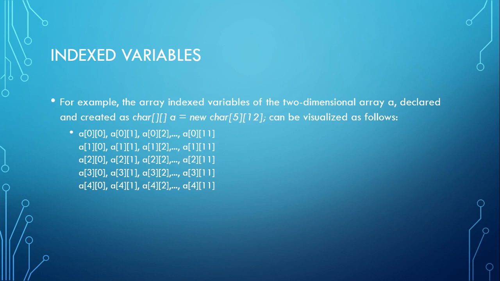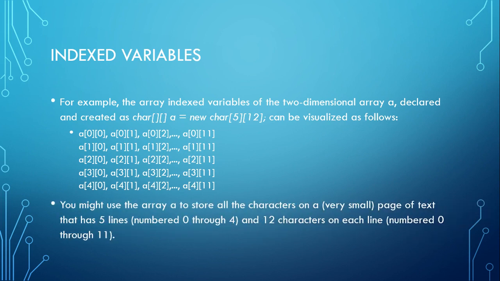So it's really just a big coordinate grid. You might use the array a to store all the characters on a very small page of text that has 5 lines numbered 0 through 4 and 12 characters on each line numbered 0 through 11.